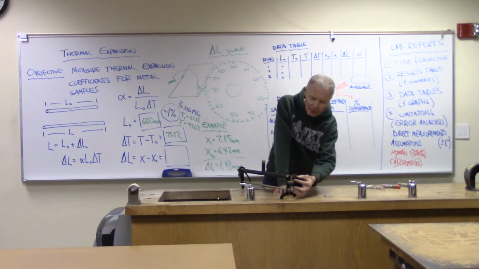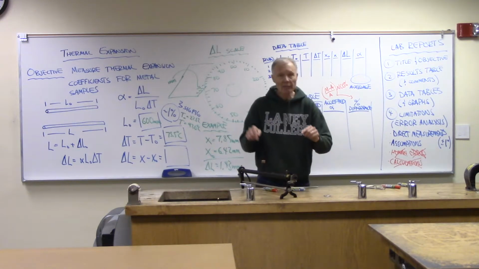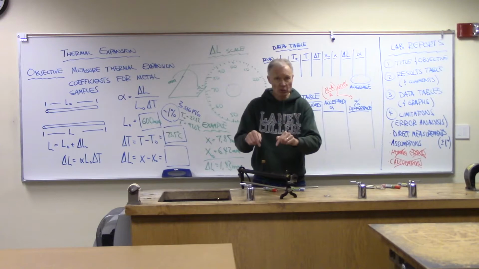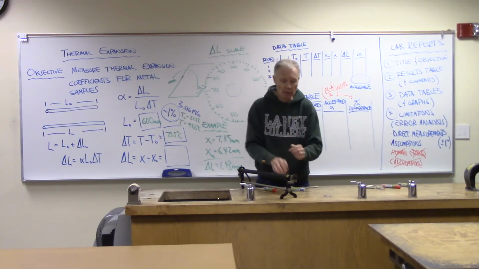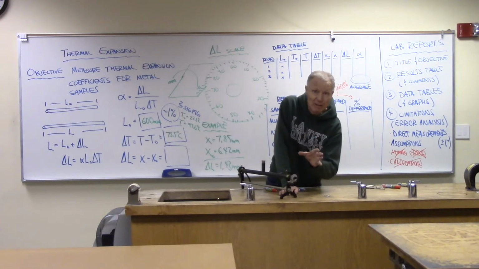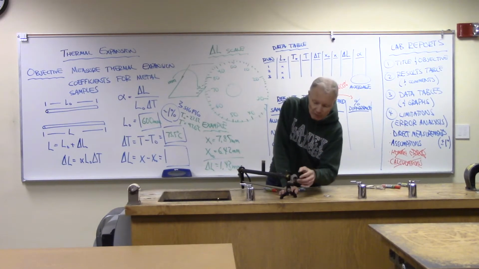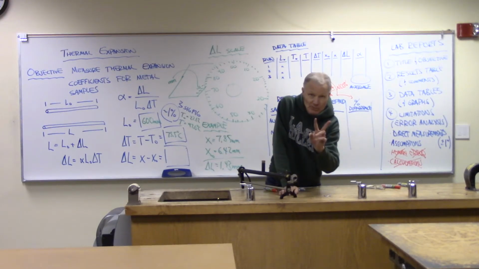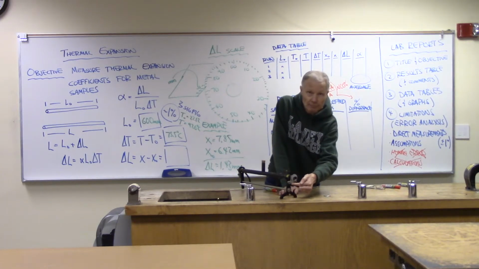And then at the other end, at the beginning of the experiment, when we put the sample in and we do the initial temperature measurement, we rotate this in until it just barely touches. When it just barely touches, I read, there's two different scales here. There's a circular scale and there's a plate.